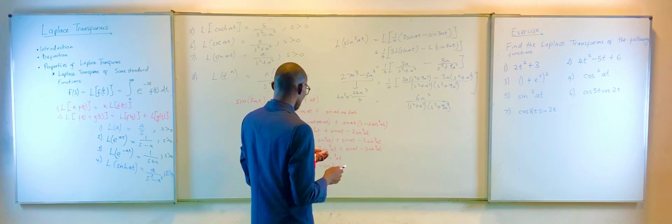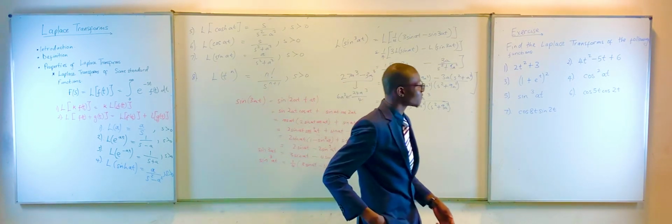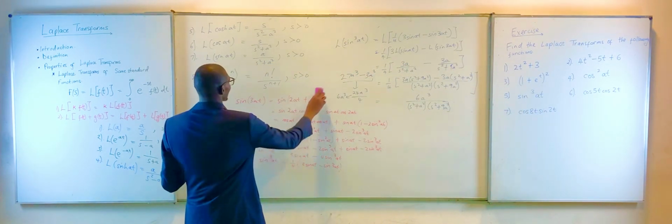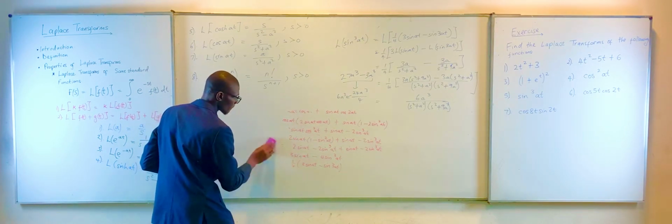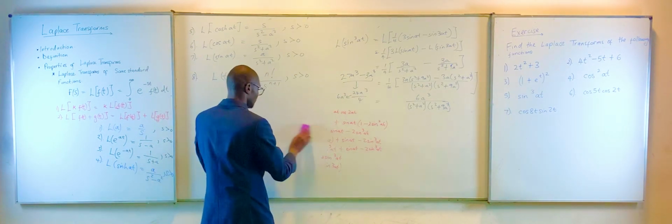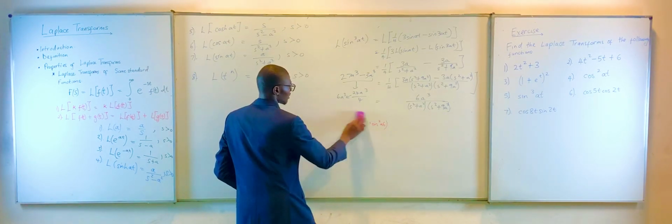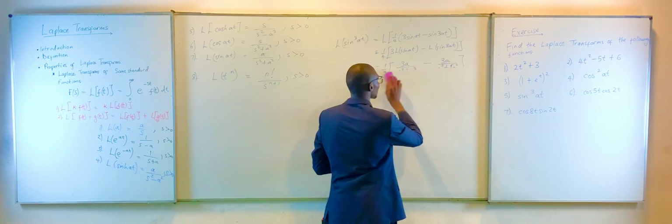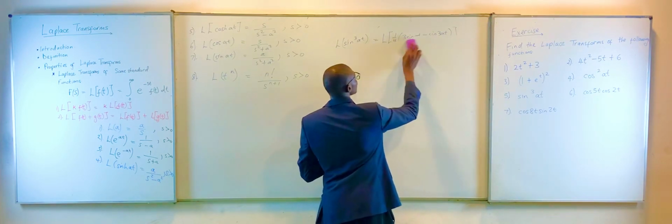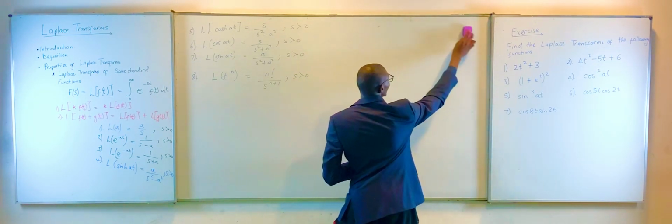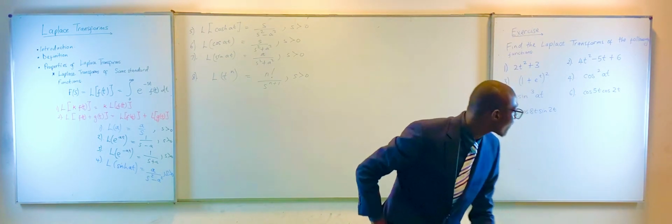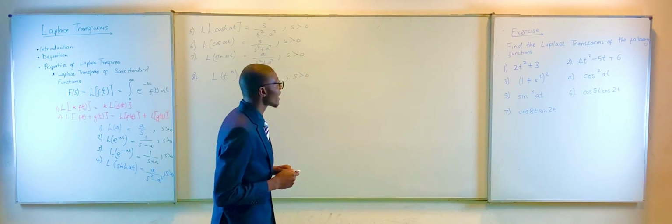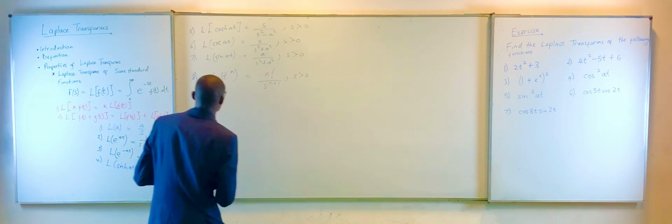Right, now we shall move on to problem number 6, which requires us to find the Laplace transform of cos 5t cos 2t. Finding the Laplace transform of cos 5t cos 2t, we need to use the identity that, let me write it here.